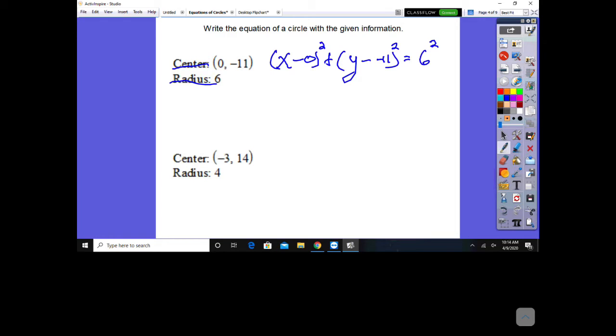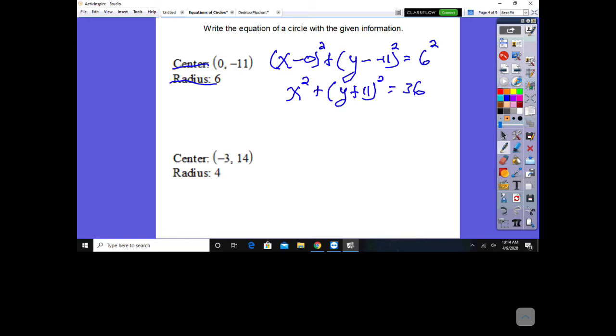If you really want to just leave it like that, that is a-okay. You can simplify this a little bit. X minus 0 is just x, so this right here is just x squared. Plus, when you subtract a negative here, you're going to get (y + 11) squared equals 36. That all looks good there.